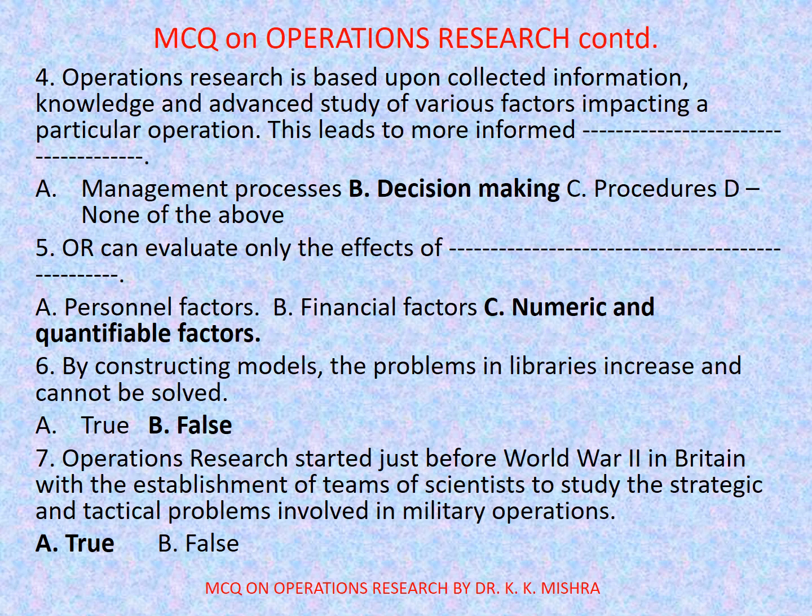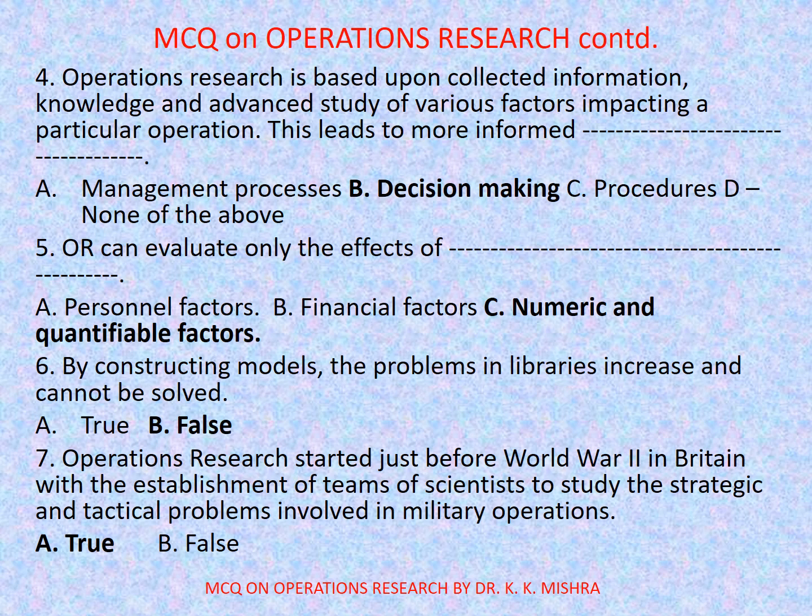Operations research is based upon collected information, knowledge and advanced study of various factors impacting a particular operation. This leads to more informed dash. Options are A. Management process, B. Decision making, C. Procedures, D. None of the above. Correct option is B.